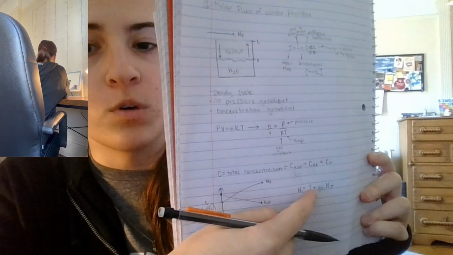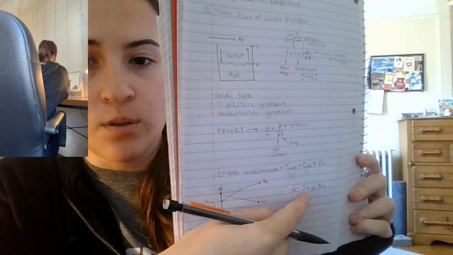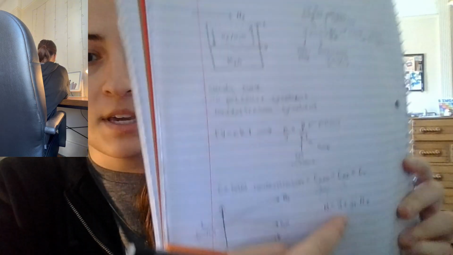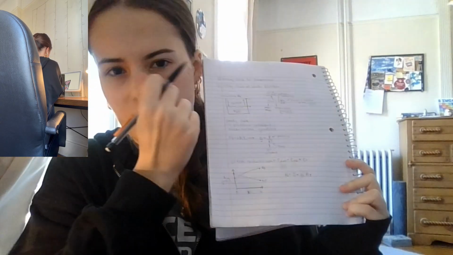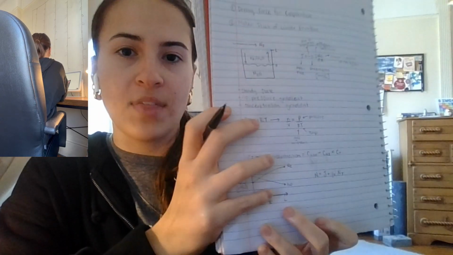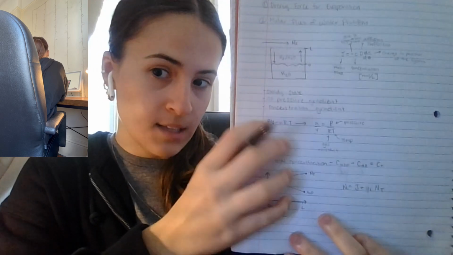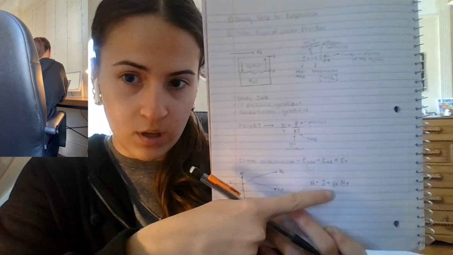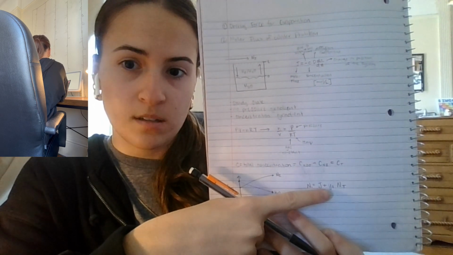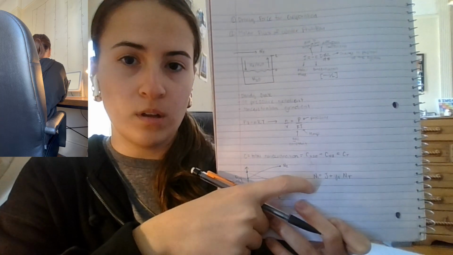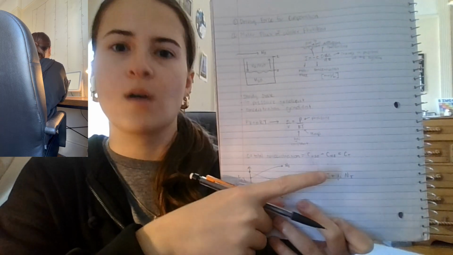Well, the total flux is equal to the molar flux plus the mole fraction, so however many moles of this entire system we have that is unit 1, times the total flux is going to equal the flux of just that one component.